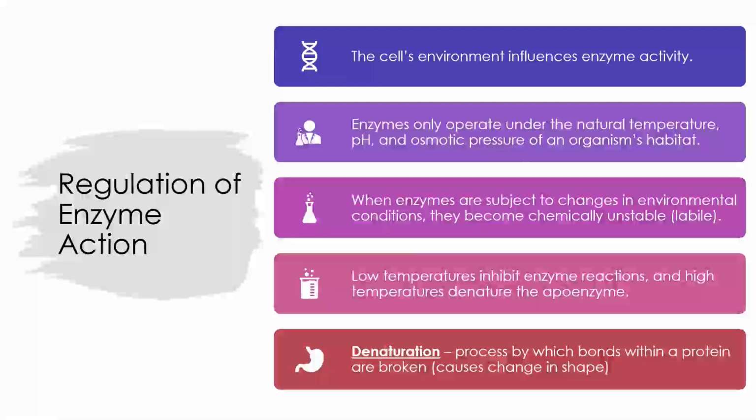If you're an extremophile, then you really need to be optimized for high temperatures. But maybe you're a human body pathogen. If you go beyond your optimal range of pH or temperature, then the enzymes become deactivated or denatured. When enzymes are subject to changes in environmental conditions, they'll become chemically unstable. They may get folded wrong a little bit and will become non-functional.